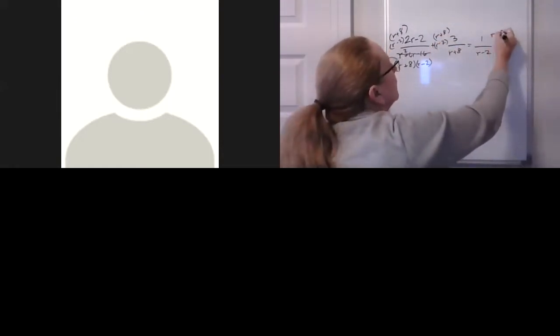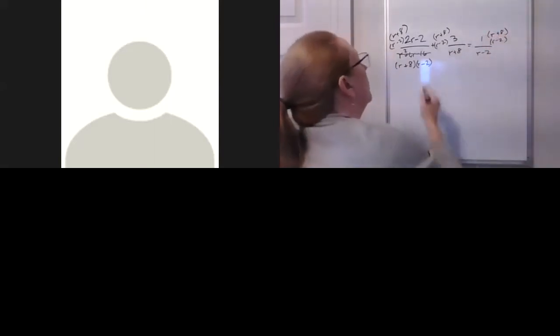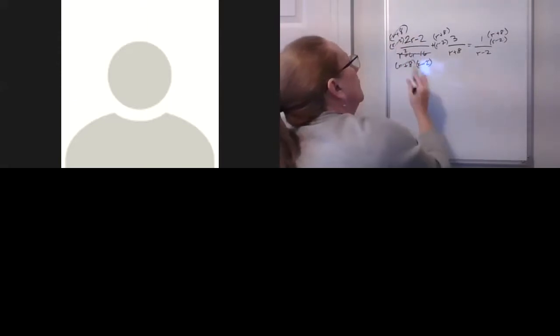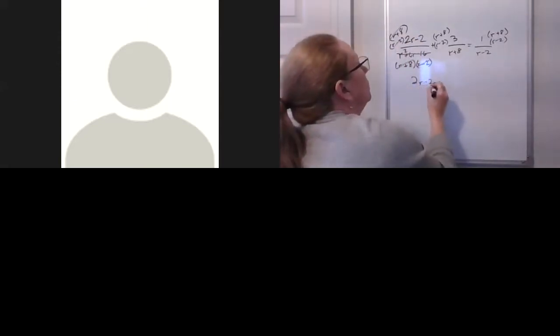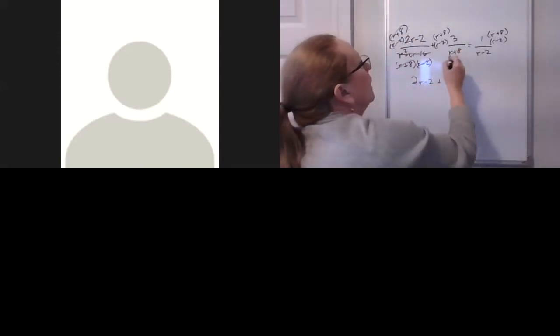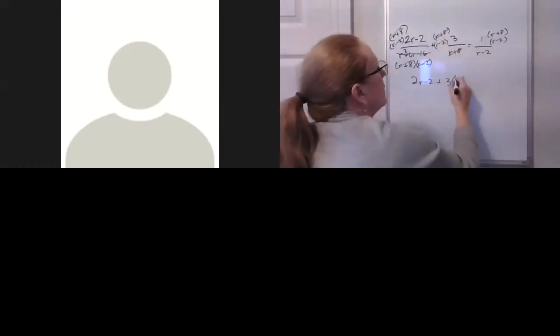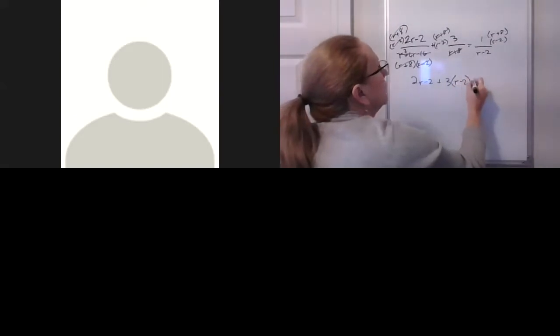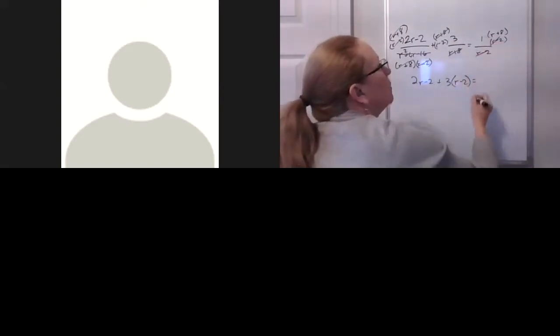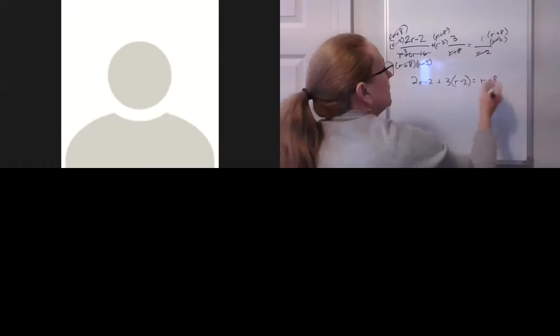I apologize for squishing it in there. So here they both cancel, and I have 2 times r minus 2. Here, r plus 8 cancels, and I have 3 times r minus 2. Here r minus 2 cancels, and I have r plus 8.